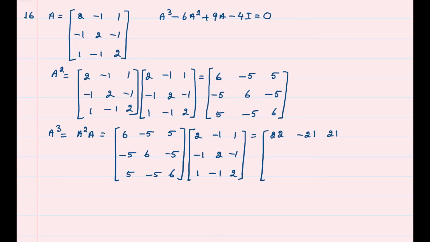Minus 10 minus 6 minus 5, which is minus 21. 5 plus 12 plus 5, 22. Minus 5 minus 6 minus 10, minus 21. 10 plus 5 plus 6, 21. Minus 5 minus 10 minus 6, minus 21. 5 plus 5 plus 12 is 22.